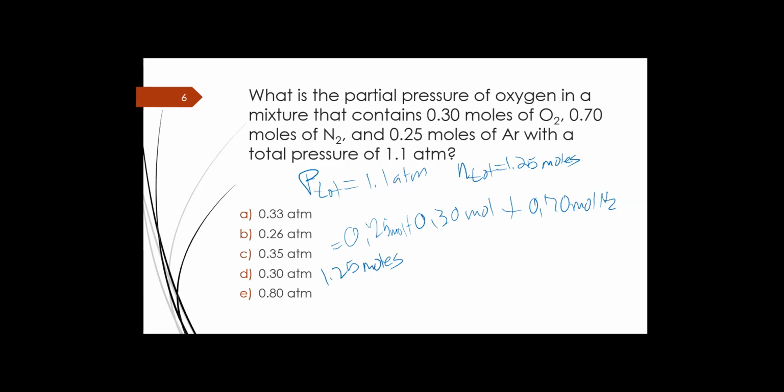Now, if 1.25 moles gives us that 1.1 atmospheres, then we also know that our partial pressure of oxygen would be 0.30 moles of our oxygen divided by 1.25 moles. That's a fraction that must be coming from our oxygen. And so if we multiply that by 1.1 atm, that's going to tell us our pressure that's coming just from the oxygen in atm.